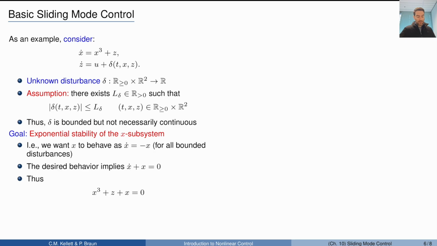So this equation here is equivalent to the desired behavior x dot plus x is equal to 0. And if we plug in the definition of x dot, then we end up with this expression down here.